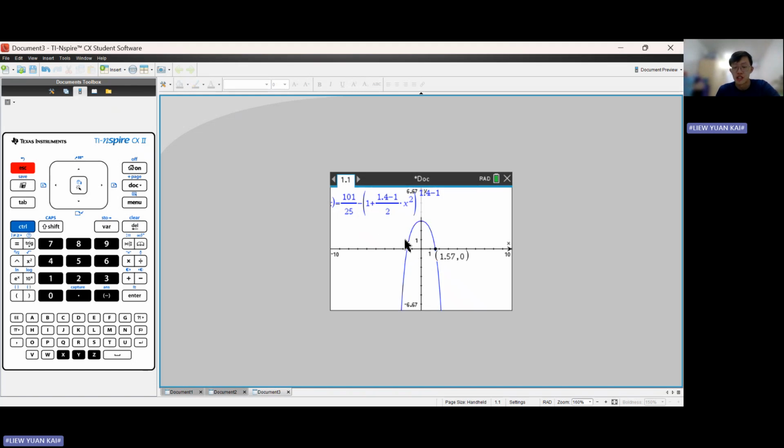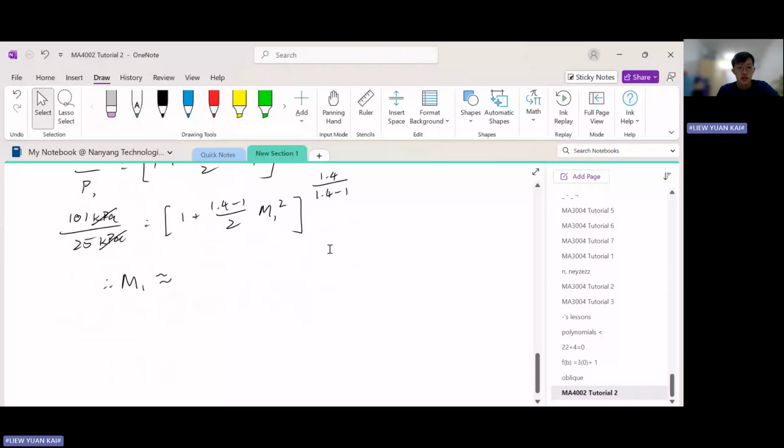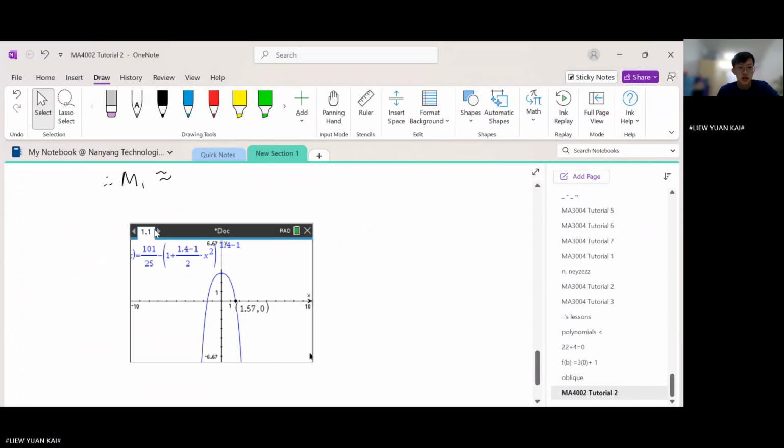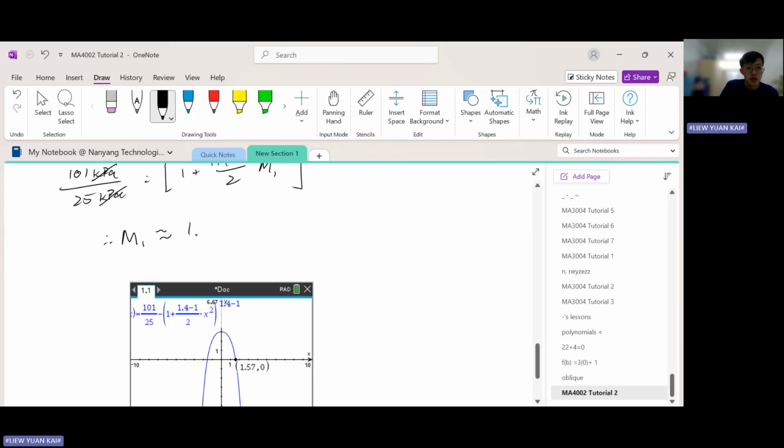So it cannot be this root. So according to our graph here, it's 1.57. Just keep in mind that this is the Mach number.